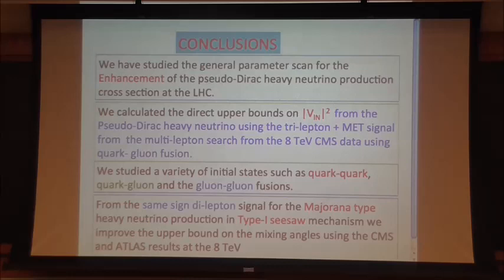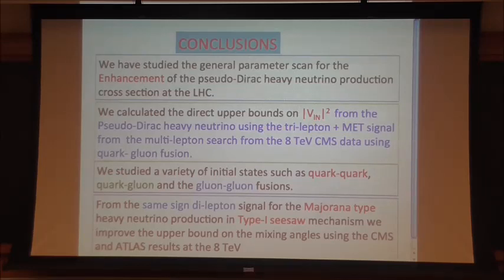We have calculated the direct upper bound on the mixing angle square using the trilepton plus missing energy, where we have used some given result by CMS for the multi-electron search.